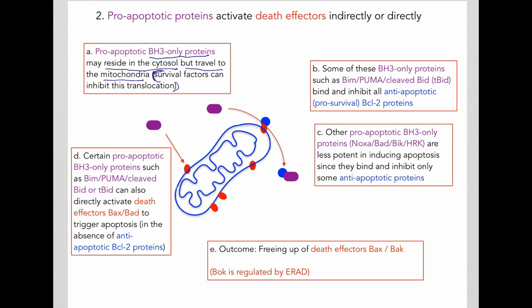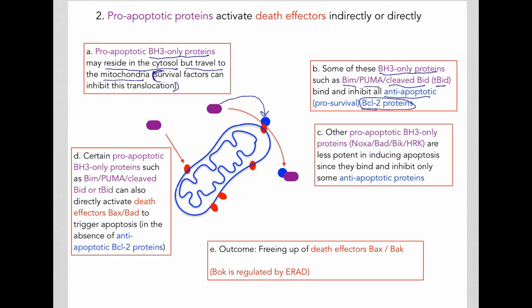So once these proteins go to the mitochondria, some of these BH3-only proteins such as BIM, PUMA, as well as tBID, which is basically a cleaved part of BID, will bind and inhibit all anti-apoptotic BCL2 proteins.